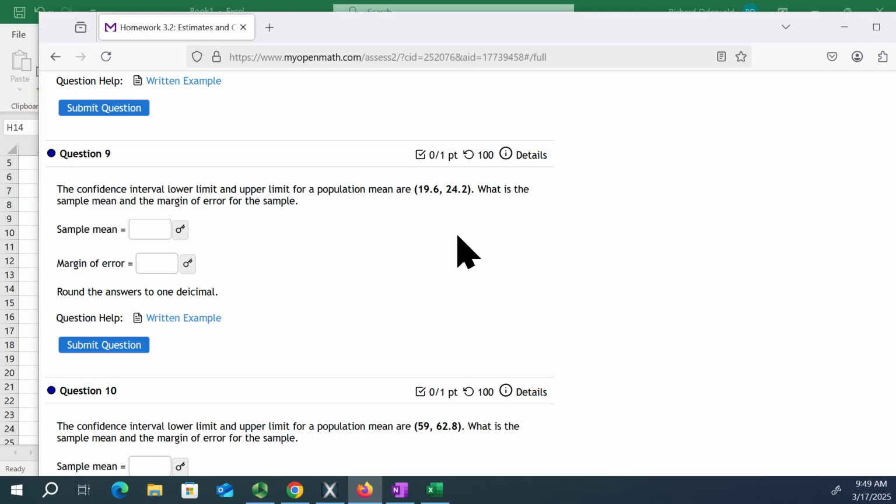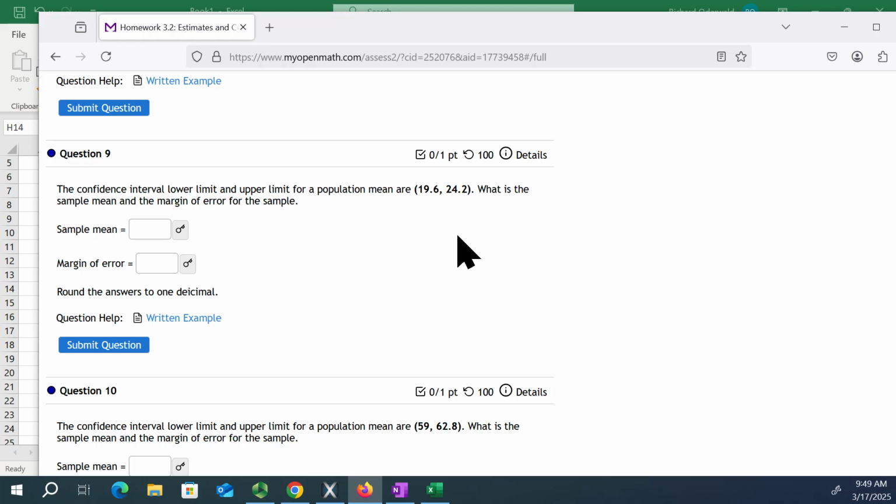Confidence interval, the average plus the margin of error minus the margin of error. What's the sample mean? I got two ends. I go up and down the same amount. Where's the sample mean? In the middle. All I need to do is find the middle of the confidence interval.